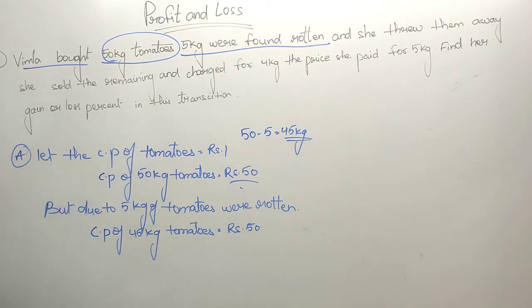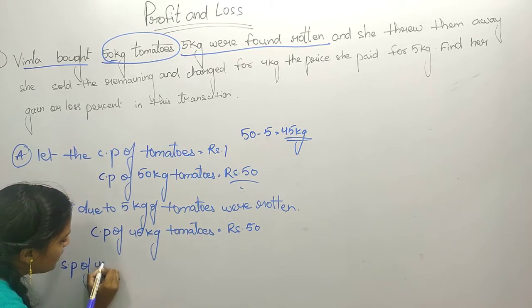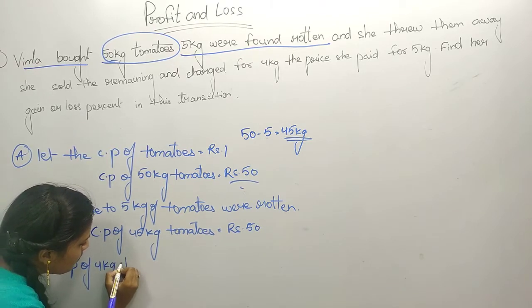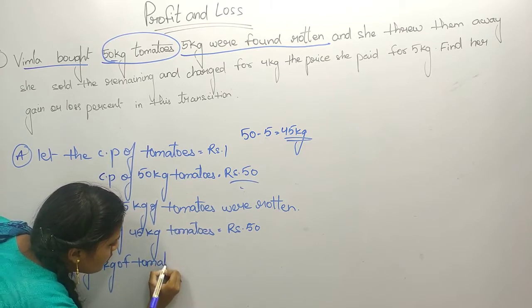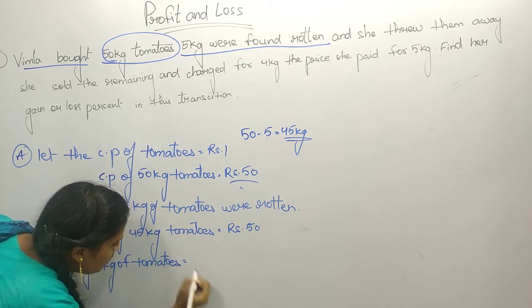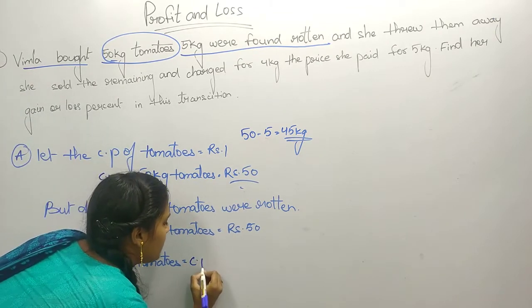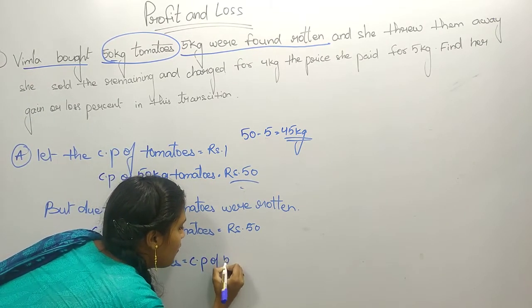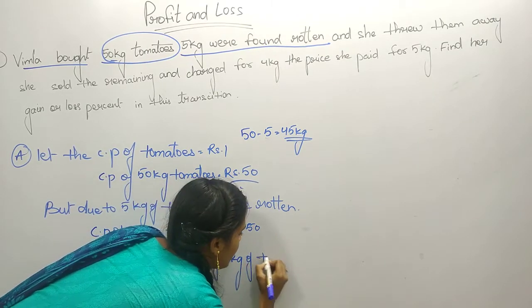Now what will we do? Now we will find the SP, the selling price of 4 kg of tomatoes, which is equal to the cost price of 5 kg of tomatoes.